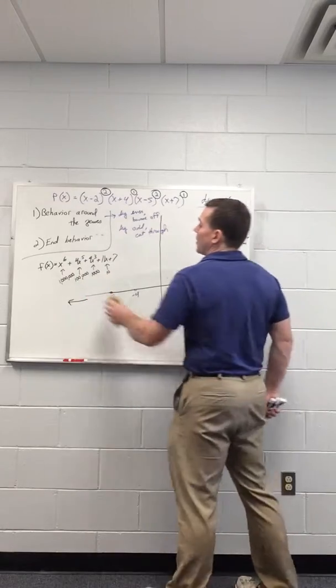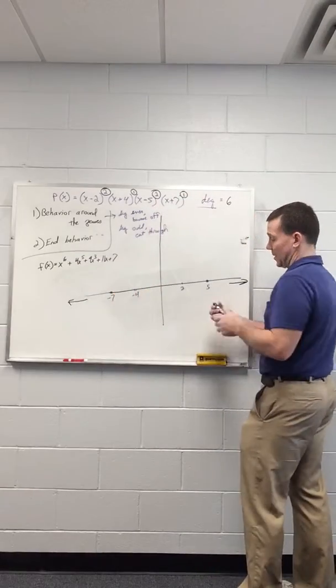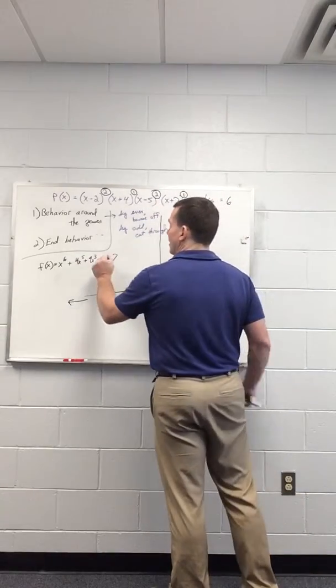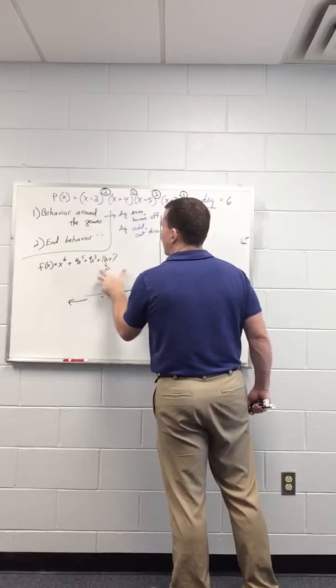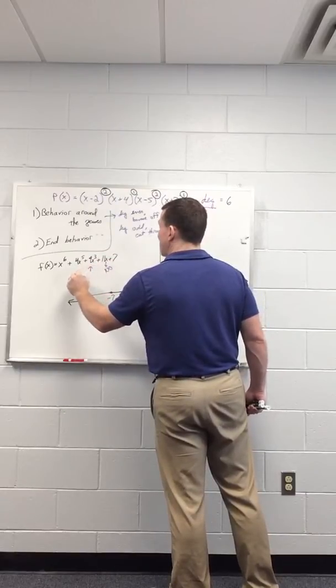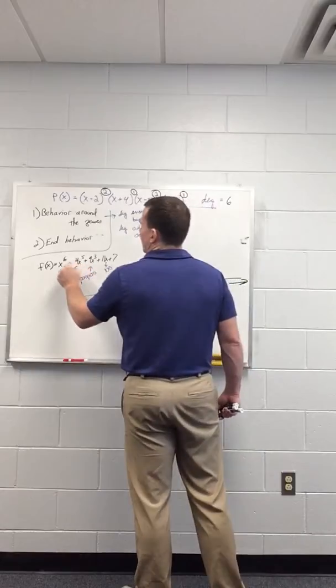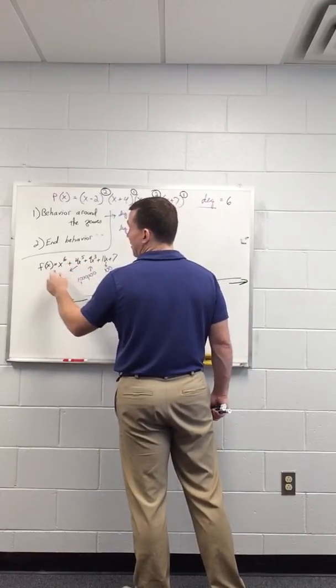Well, what if I went further along? What if I looked at x equal to 100? When x is 100, now I have to try to do math in my head. 100 cubed is 1 followed by 6 zeros. So that's 1,000,000. 100 to the 5th is 1 followed by 10 zeros.